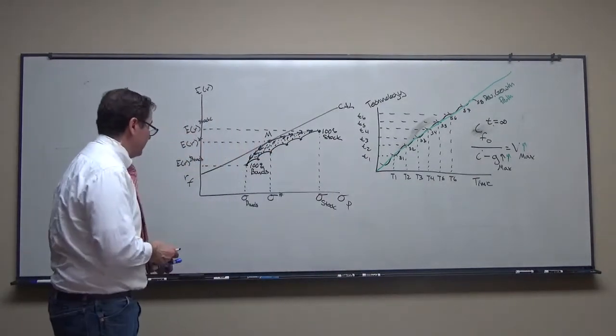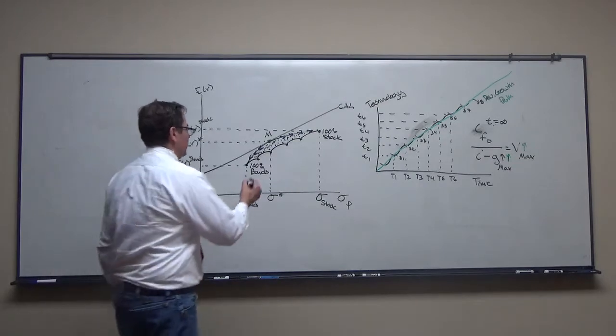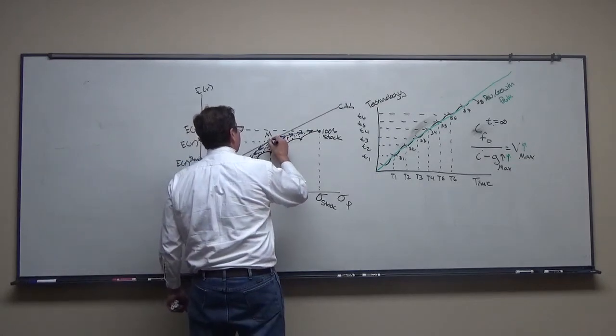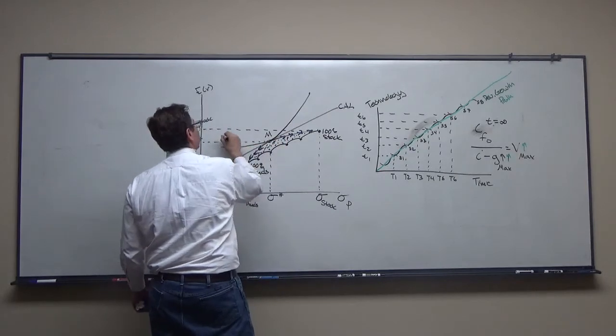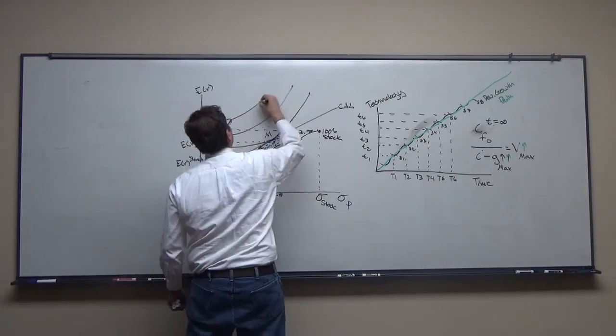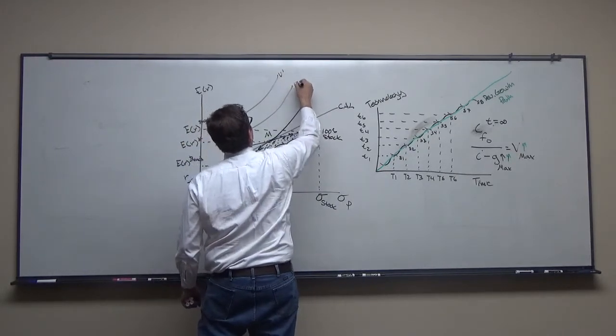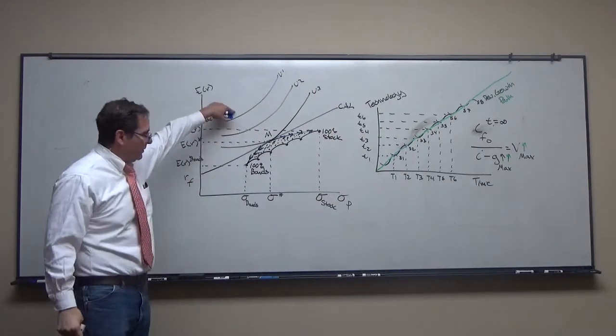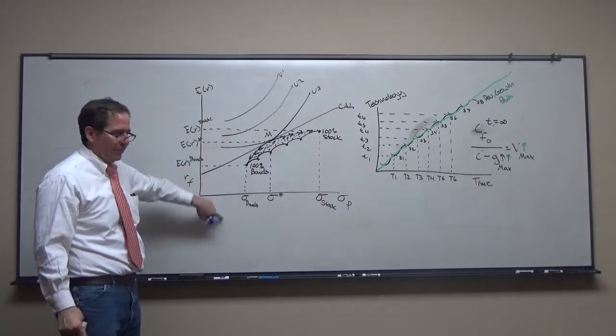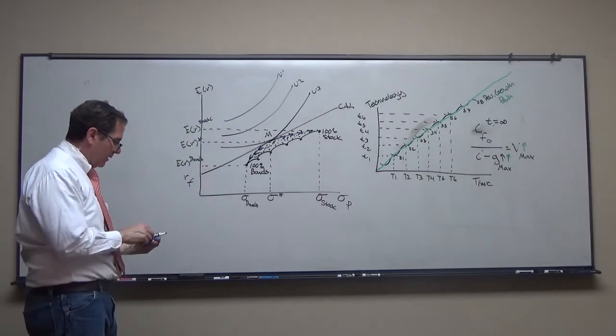Then the other one that I do, which is tough, is I go right here, and I go like that, and then like that, and then like that. So these are my utility curves. And everybody wants to be up here, right? High return, low risk, well, there's nothing out there, okay?